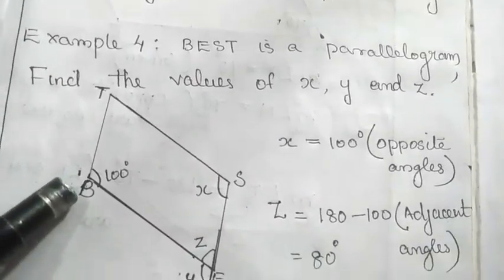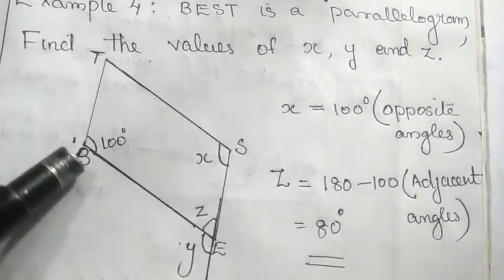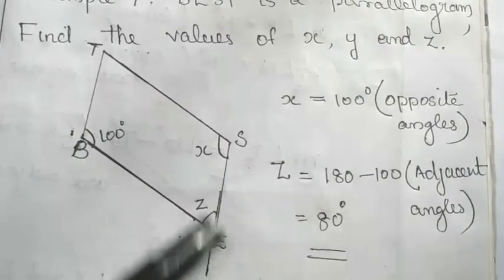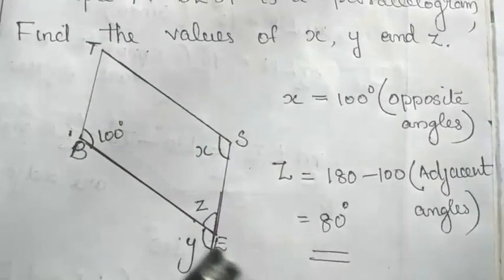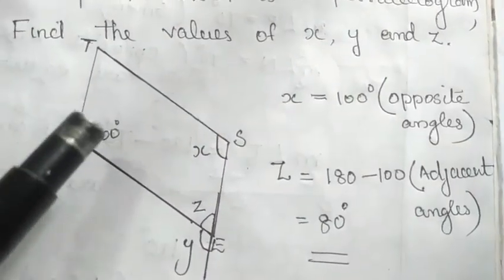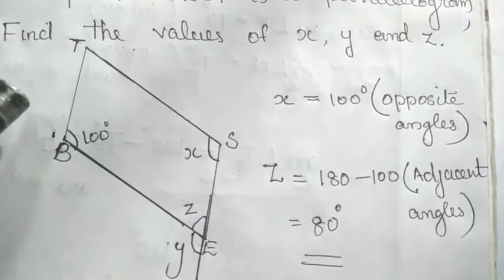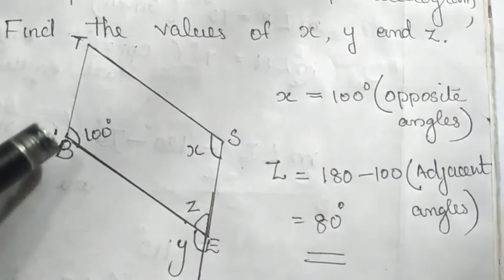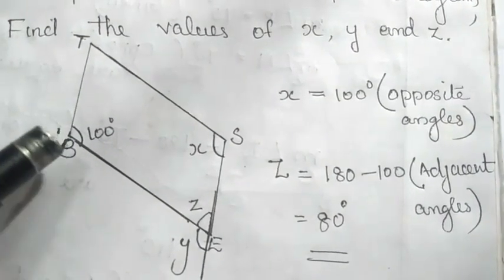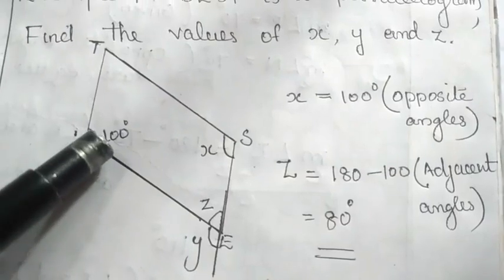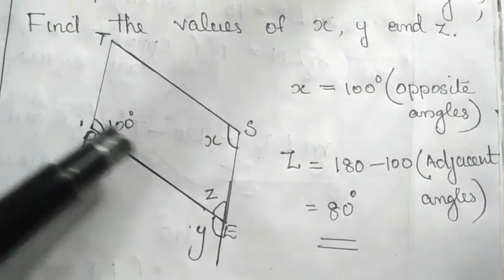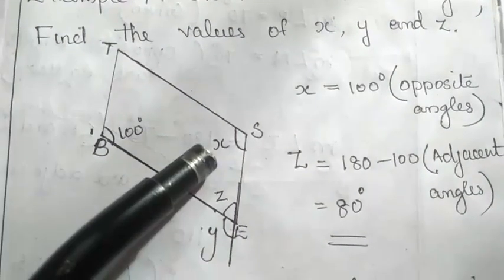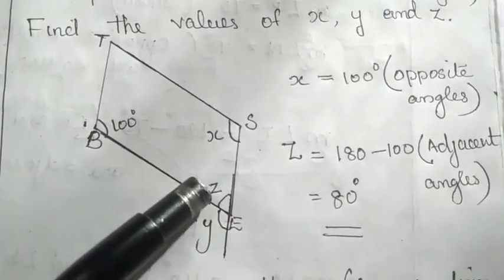Here this is the parallelogram with the vertices B, E, S, T. So we write it as BEST; otherwise you can say parallelogram BEST. No problem. Here angle B is given as 100 degrees. Using only this angle we have to calculate x, y and z.